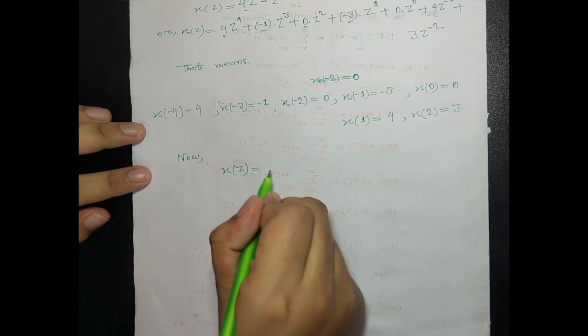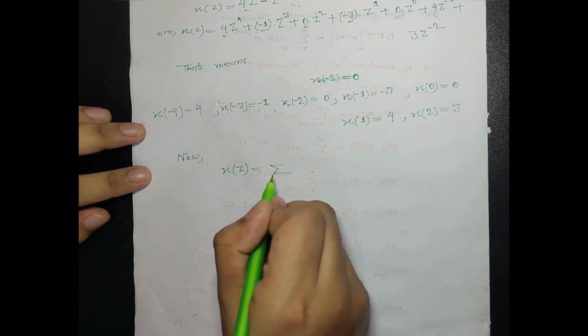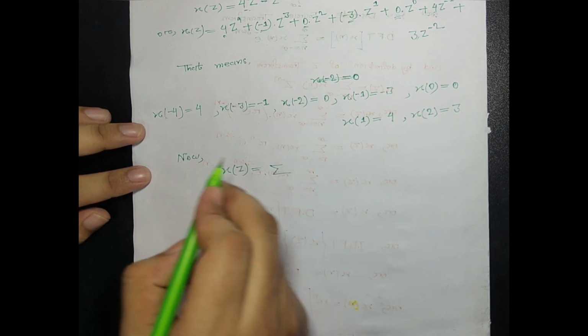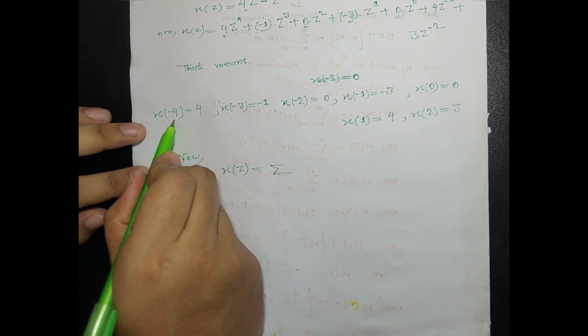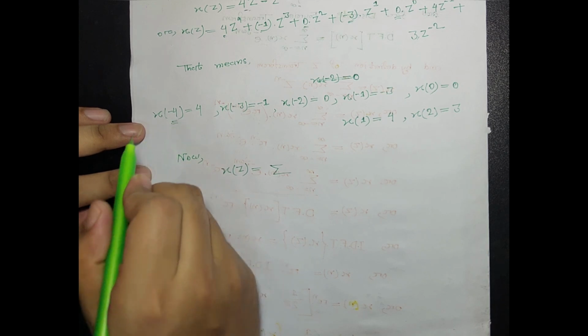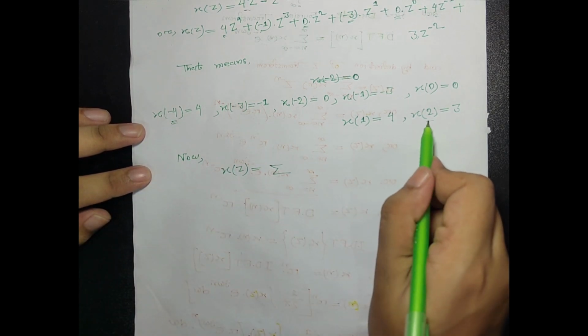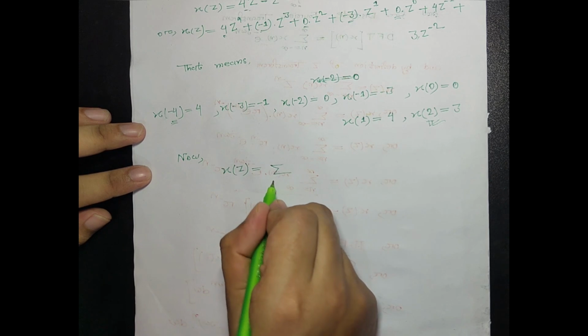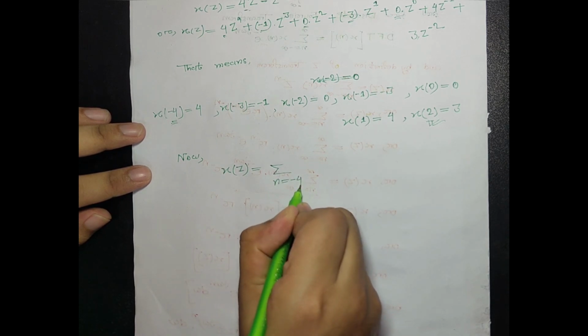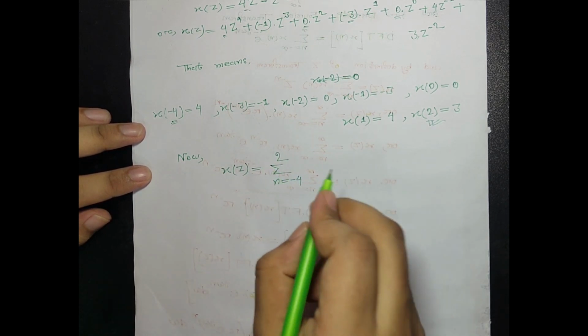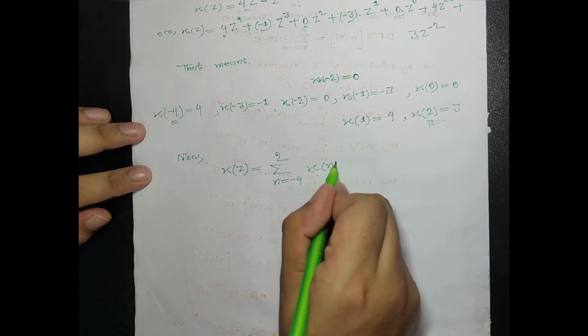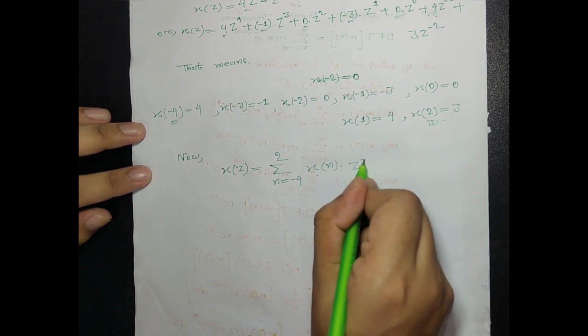Now x of z equal to summation of n equal to minus 4 to plus 2 of x of n z to the power minus n.